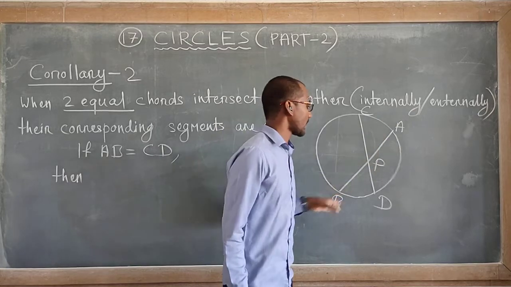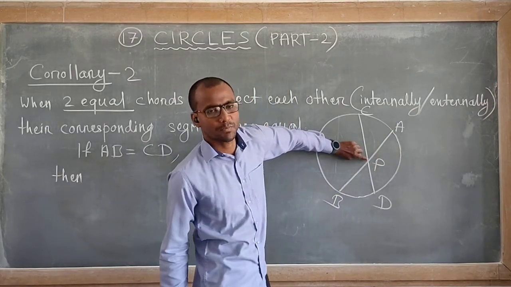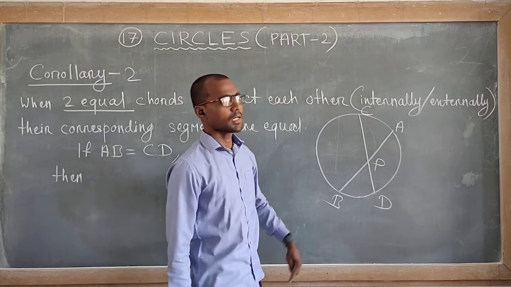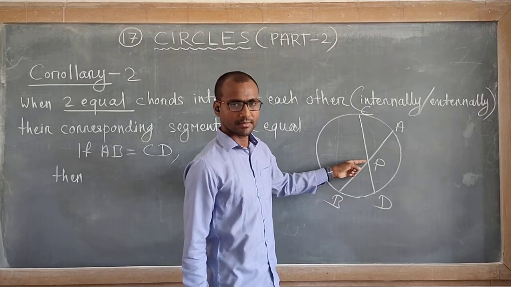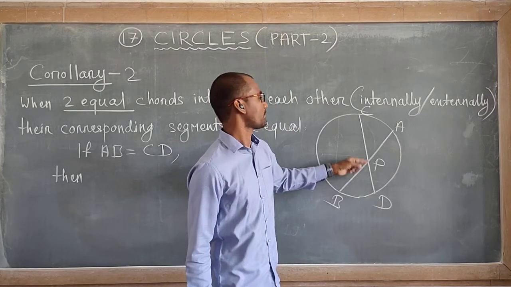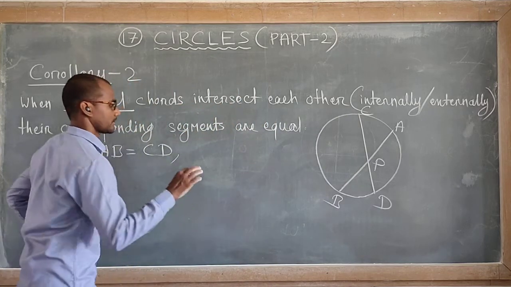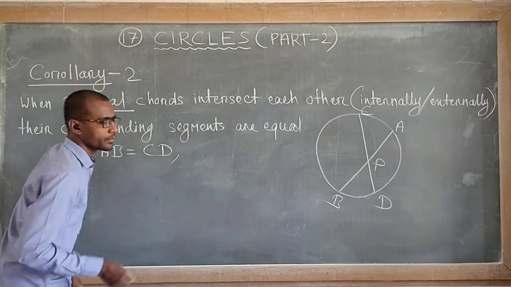If you simply look at AB, the point of intersection is P, and the two segments are PA and PB. If you look at CD, the two segments of chord CD are PC and PD. According to this corollary, which can actually be proved but I am not proving it, the segments will be equal in length.